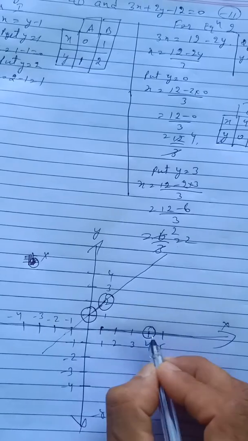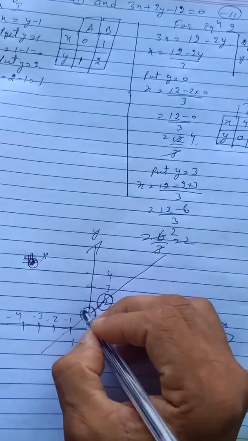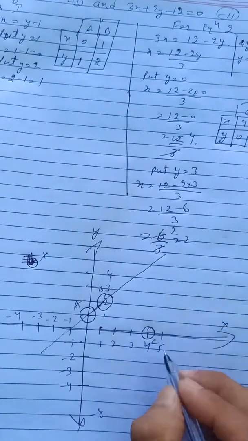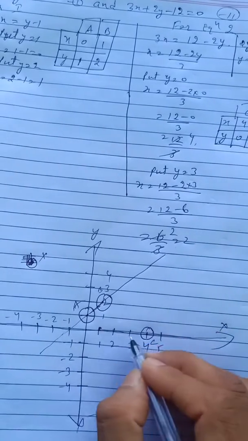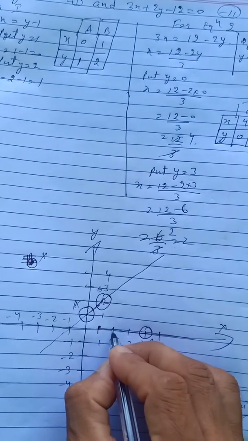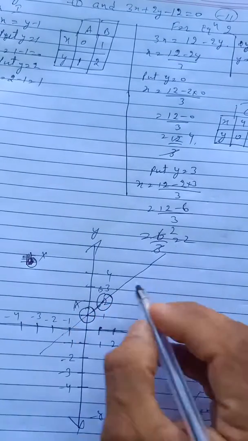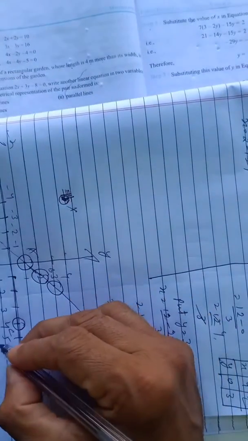This is a straight line. This is A, this is B, this is C, and these are x 2, y 3. Now join these 2 lines.